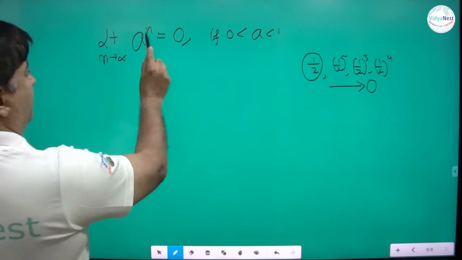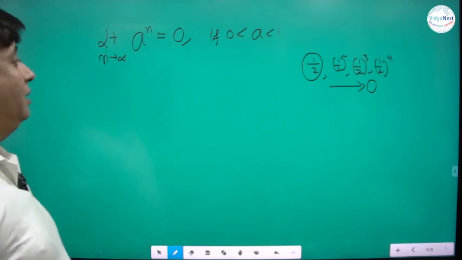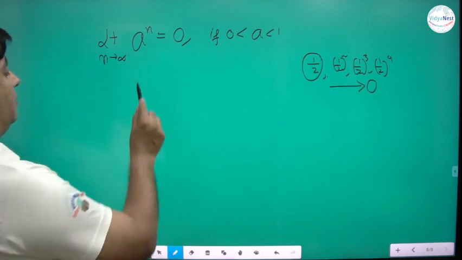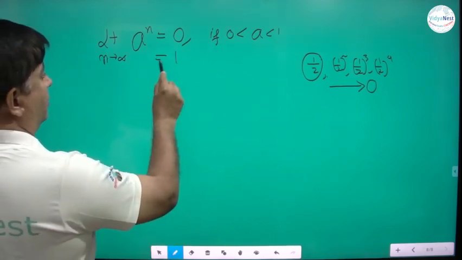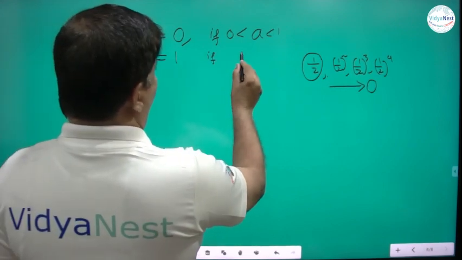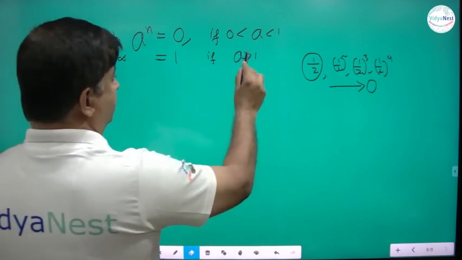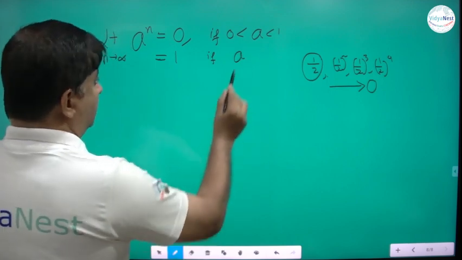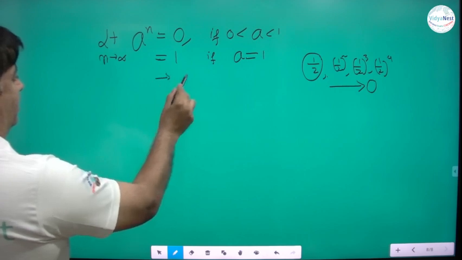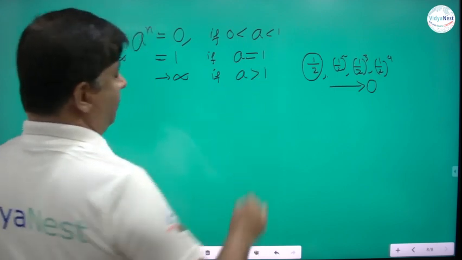So a to the power n, n tends to infinity, if a lies between 0 and 1, it will be 0 if it is a proper fraction. It will be 1 if a equals 1. And it is infinity if a is greater than 1.